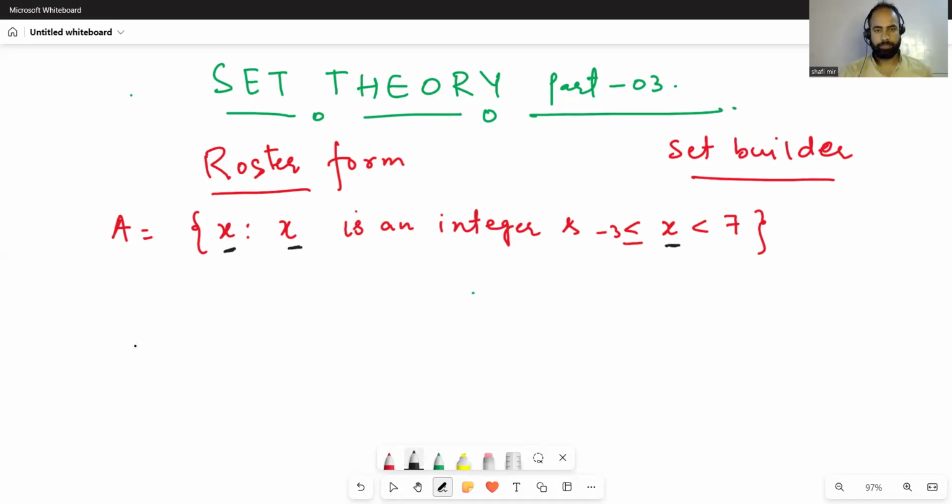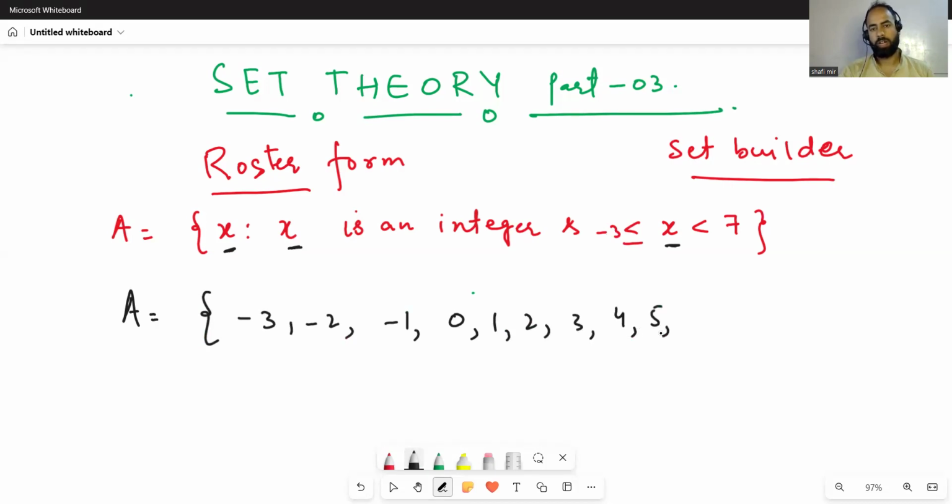Now, the same set I will write in roster form or tabular form. So set A contains what? -3, because it starts with -3. You can see from here, X is greater or equal to -3. So -3, -2, -1, 0, 1, 2, 3, 4, 5, 6, up to 6 only. Got it?